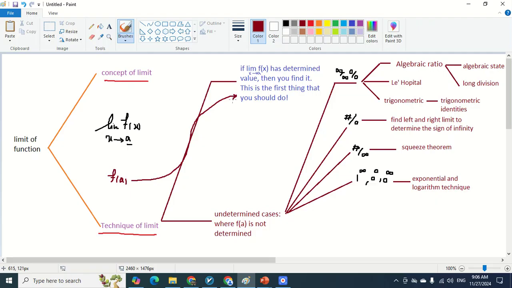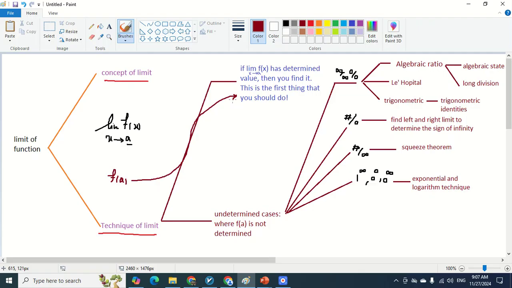But you may face some cases that we call undetermined cases. In undetermined cases, we have some types of fractions or some types of exponents that are not defined. For instance, 0 over 0. As you know, a number over 0 is not defined.